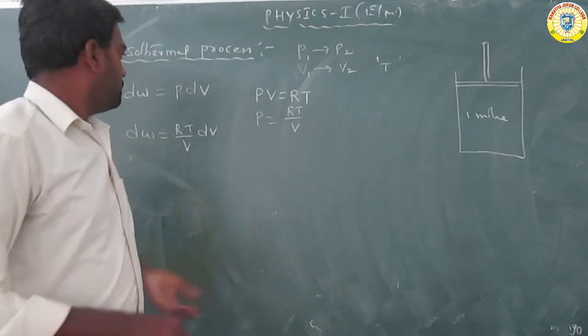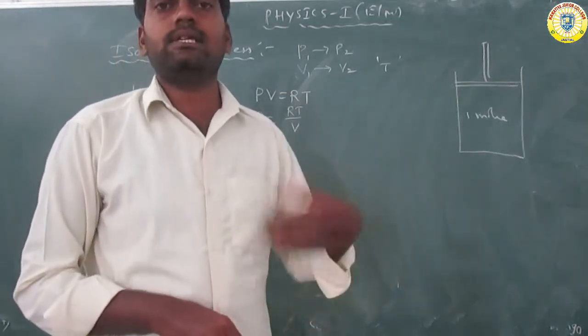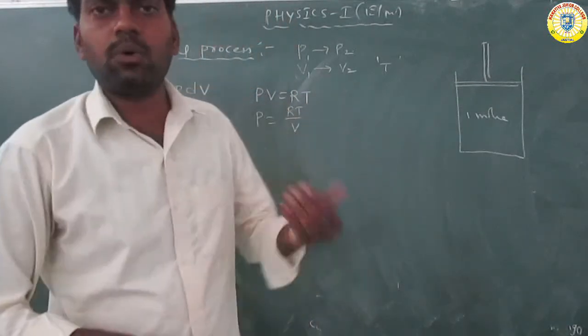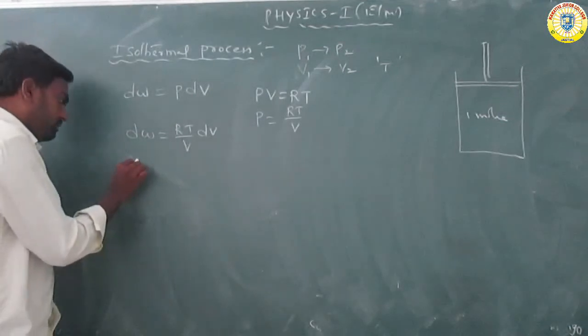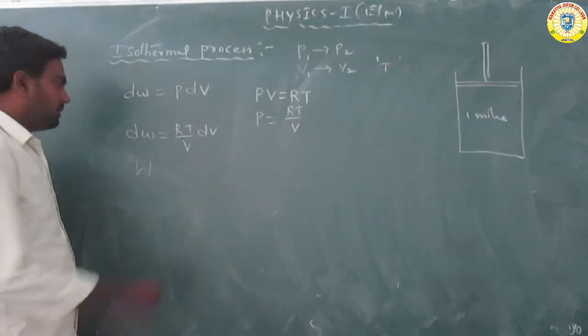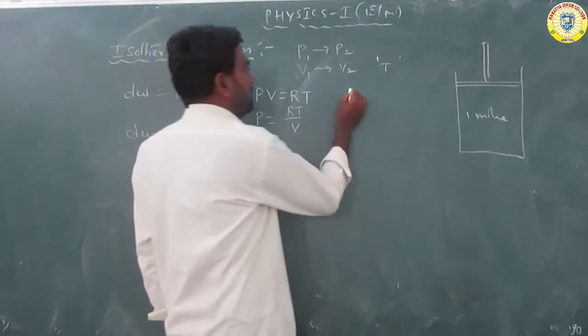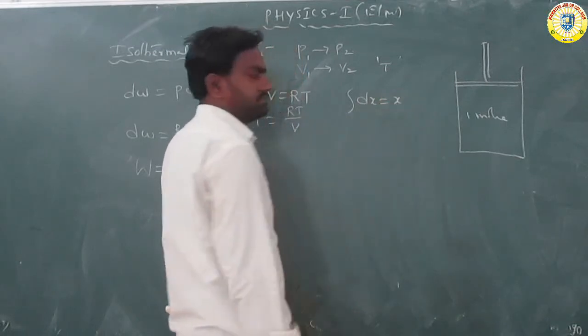Now the extension is taken from V1 to V2, so we find the total work done, W, by integration. Integration of dx is equal to x.